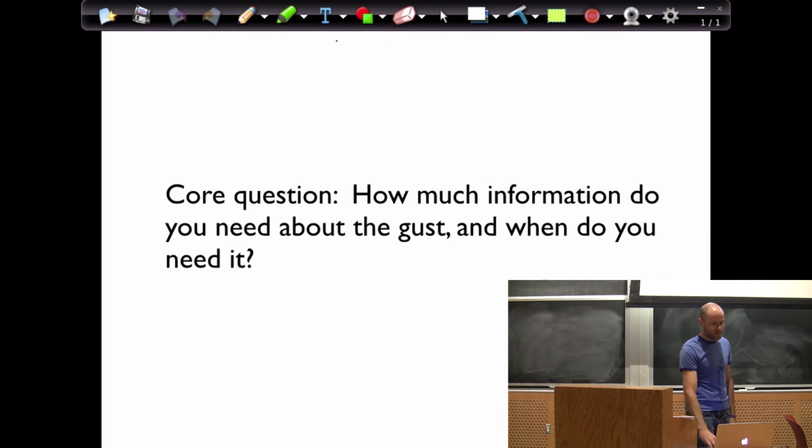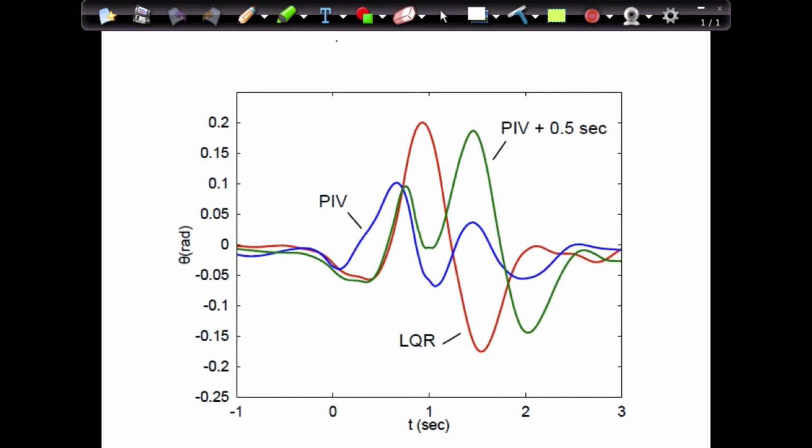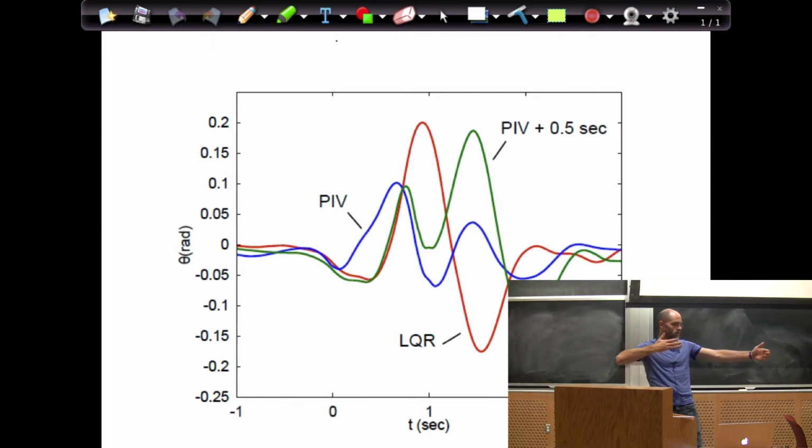One of the cool questions is, how much information do you need about the gust? How do birds know what they do? Long story short, we would show the hydrodynamic cart pole the information about the vortex later and later.